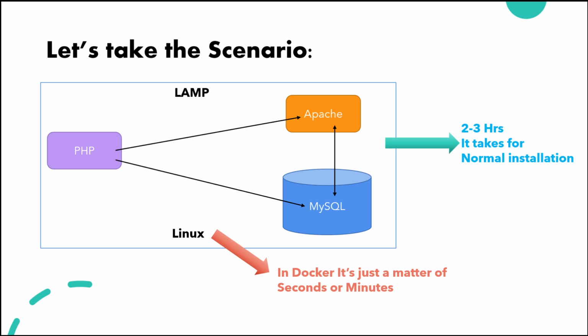If you take Docker, it's just a matter of seconds or minutes. Within seconds or minutes, you can create this complete architecture. If you ask any system administration guys, they will reply like this.